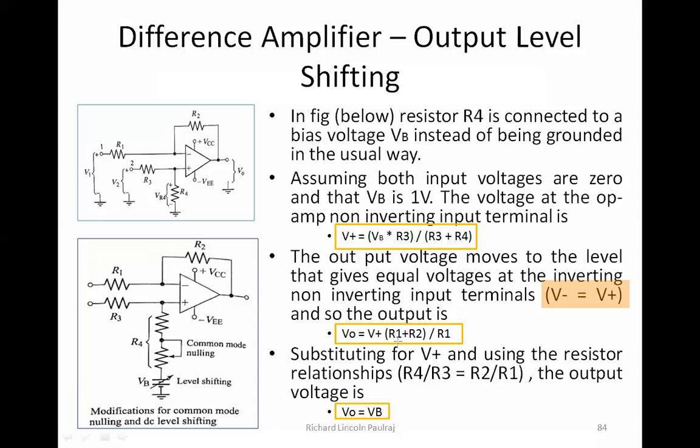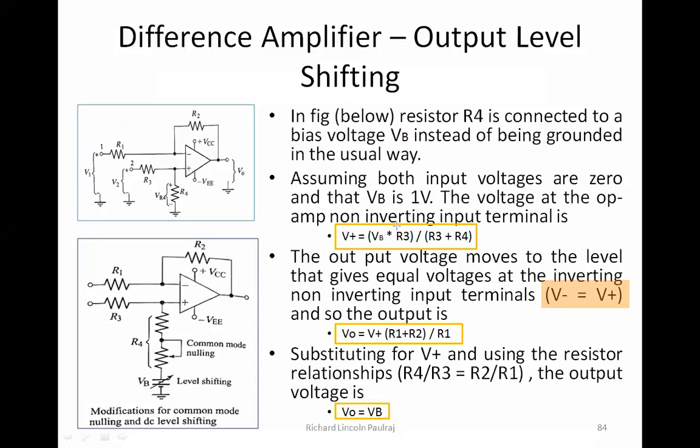Now if we substitute R4 by R3 equal to R2 by R1, this resistor ratio combination, they all get cancelled out, and we see that the output voltage is equal to VB. VB is whatever potential you have given at your level shifting.